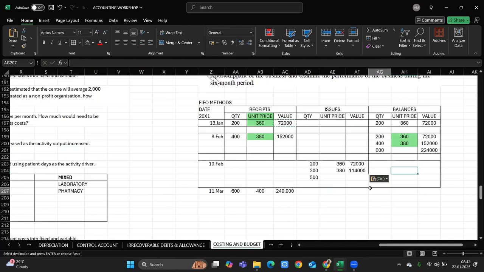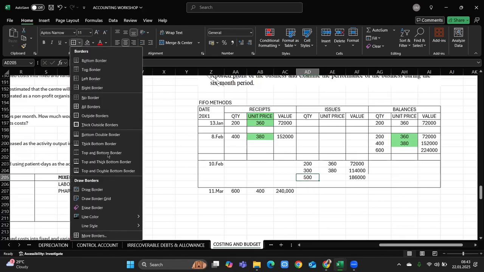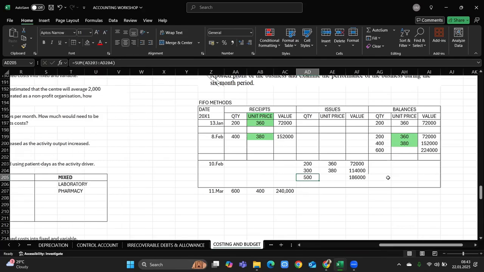Why am I using the balance 300? Yes, it should be the second price. Correct, because first in, first out. You understand? Yeah. So this 200 and 300 is your FIFO method. First in, first out. So now you will do your closings for your 500.